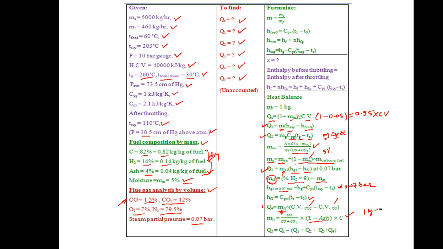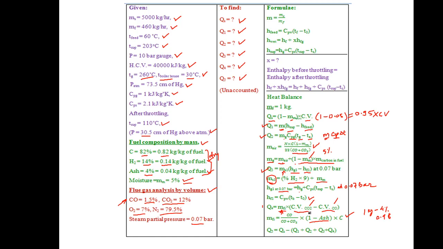Here there is 4% ash. It means if we burn 1 kg of completely dry fuel, then 0.96 kg of fuel is actually burned, because 4% is ash. So the ash percentage is subtracted, and here we take the calorific value when carbon burns to CO2 and the calorific value when it burns to carbon monoxide.